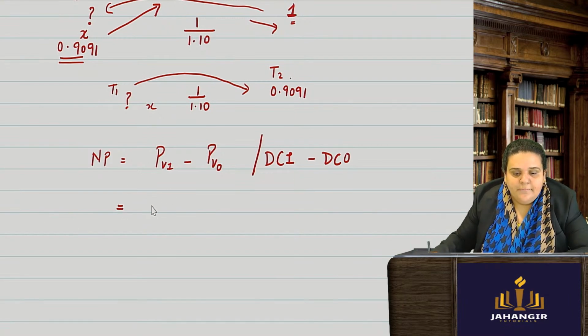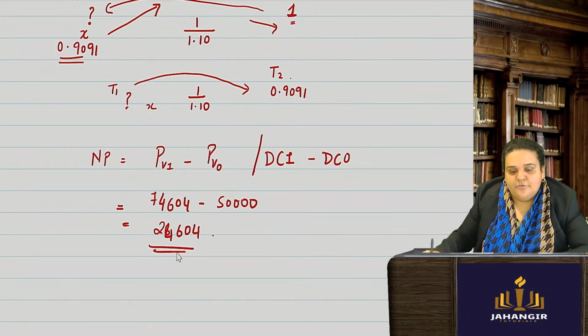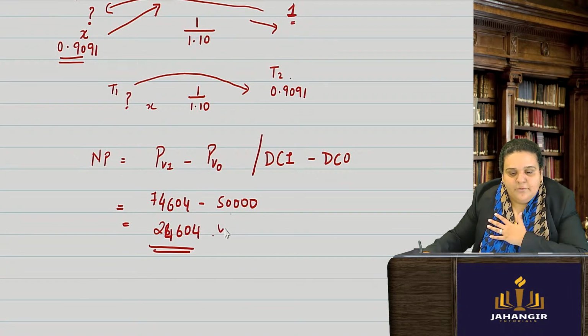Here my PV inflow was 74,604. My outflow is 50,000. So my net present value is 24,604. Yes, 24,604. I can still accept the project.